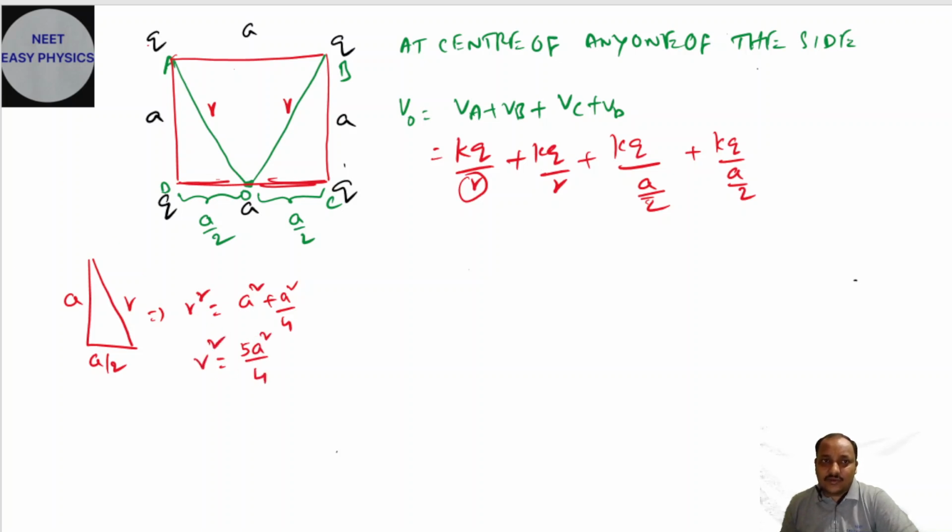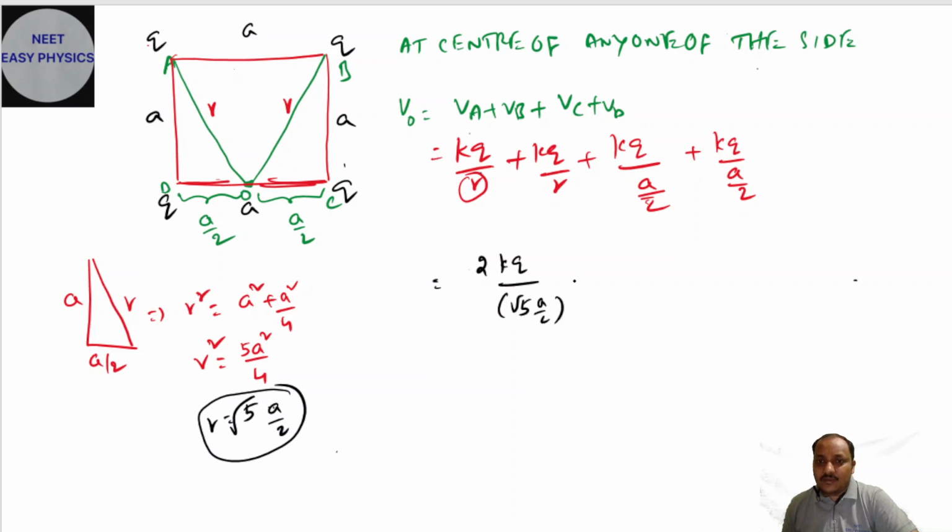Then r is going to be, now what is small r? Root 5 a by 2. Now substitute here. 2 times KQ by root 5 a by 2. This is also 2 times KQ by a by 2.